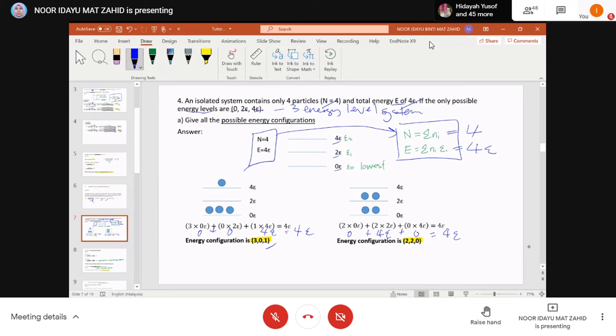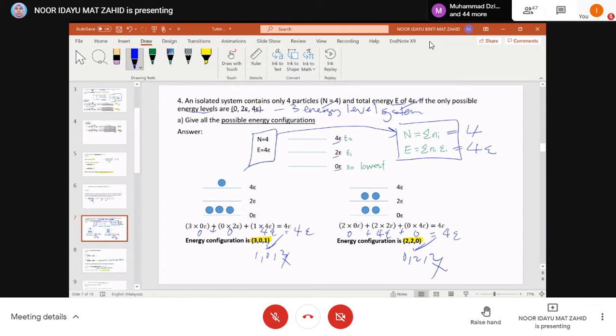You write this configuration as 2, 2, 0. Some students write it the other way around, which is wrong. We always write the lowest energy level at the leftmost in the energy configuration format. So this is wrong, this is wrong, this is correct, this is correct.